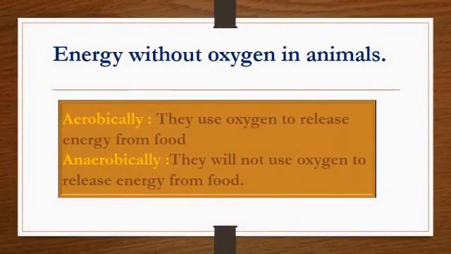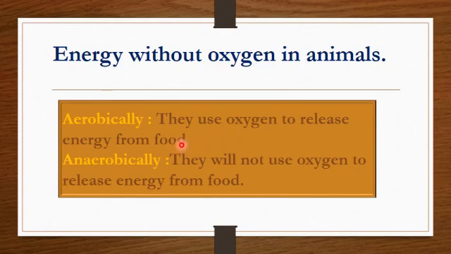So dear students, you can understand that animals can respire both aerobically, which means in the presence of oxygen, and anaerobically, without oxygen. When they respire aerobically, they use oxygen to release energy from food, because they break down food, that is carbohydrates and fats, into smaller components, glucose, and the glucose is broken down with the help of oxygen that you inhaled from the air.